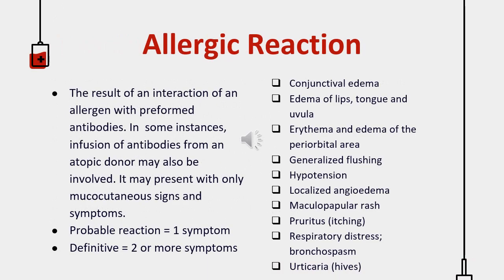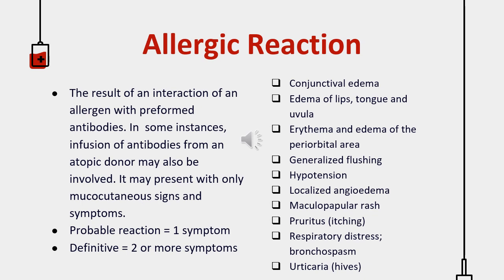The general allergic reaction is the result of an interaction of an allergen with preformed antibodies. In some instances, infusion of antibodies from an atopic donor may also be involved. It may present with only mucocutaneous signs and symptoms.